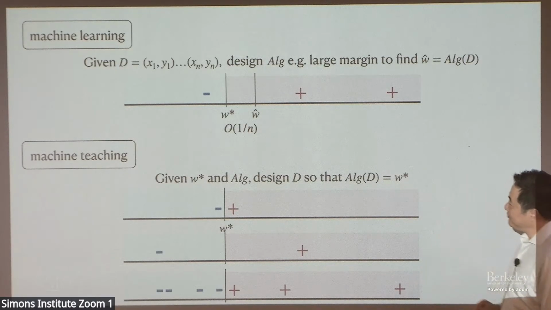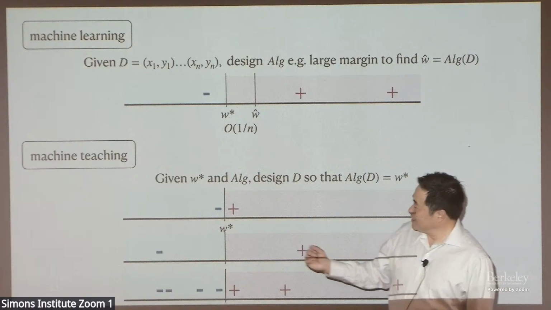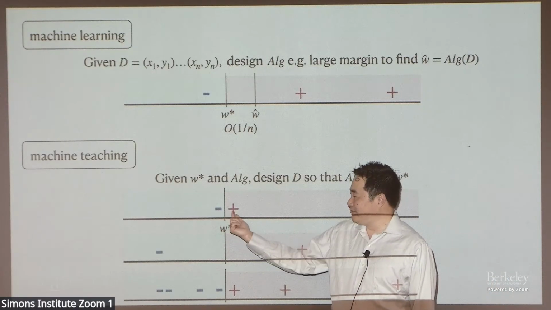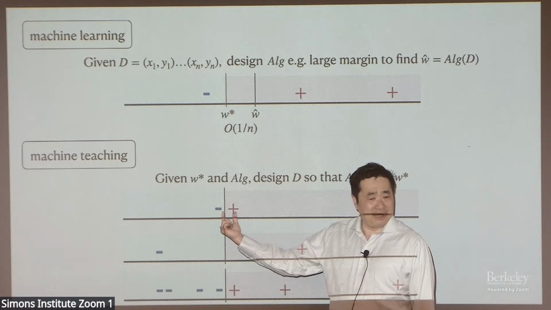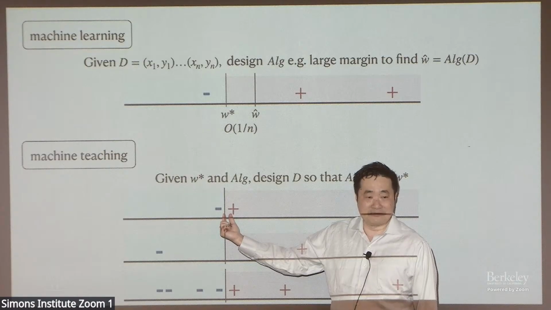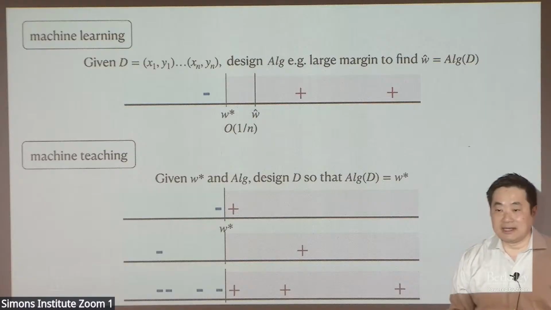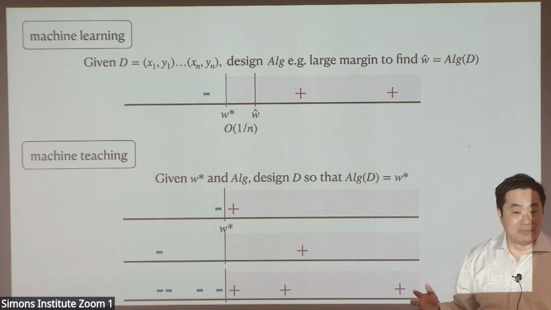If you think about that, in my case here, if I know the true boundary is here, I could create a very special training set that puts one negative and one positive across the true decision boundary, and make them very close. That seems reasonable, but you also immediately see that this data set D is not a traditional randomly sampled IID data set.